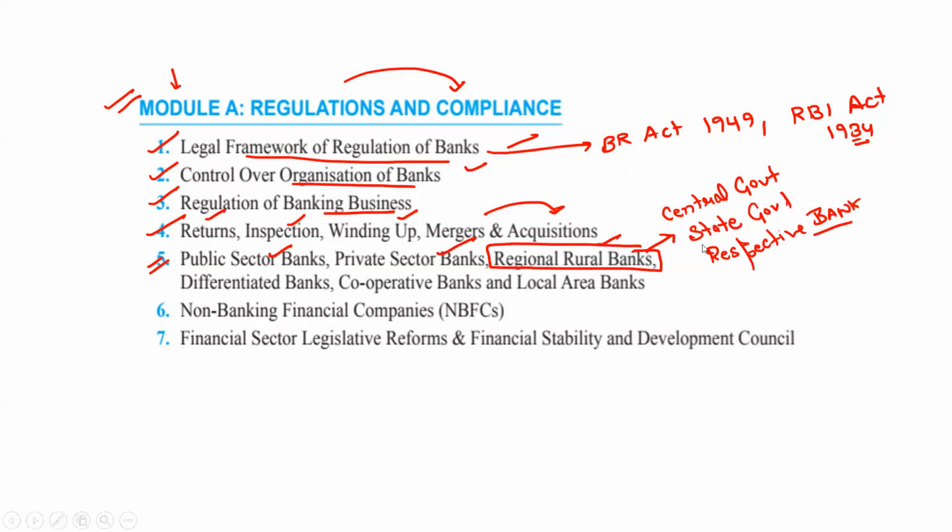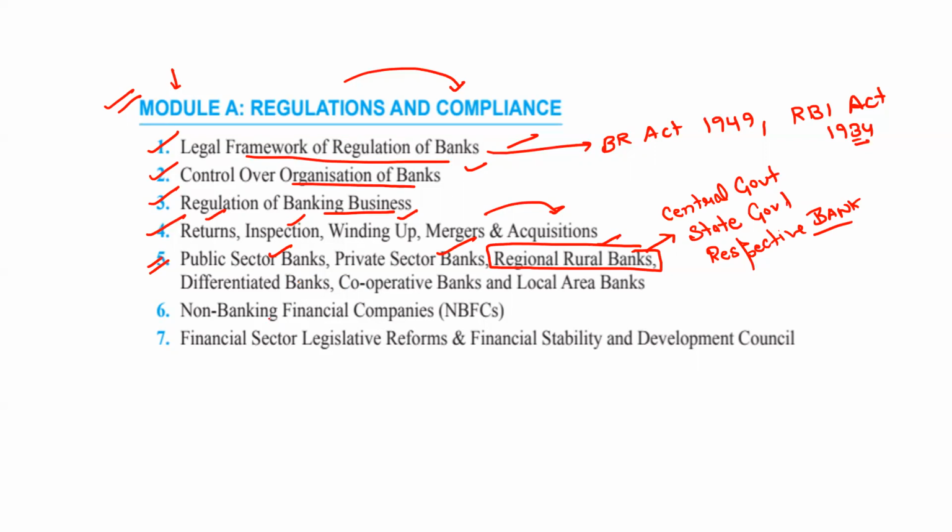All of the regional rural banks are managed by one of the public sector banks. So what is the share of the central government, what is the share of the state government, and what is the share of that respective bank? That is very, very important.